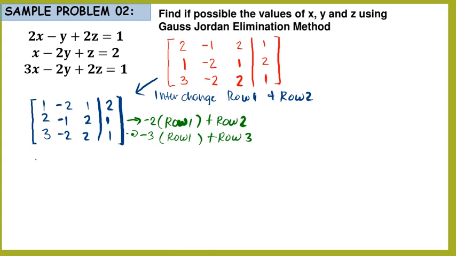So, for row 1, parehas pa rin yung elements niya. Yan. So, sa row 2, ito na yung gagawin natin dito sa elements ng row 2. We need to add row 2 plus yung negative 2 times row 1.